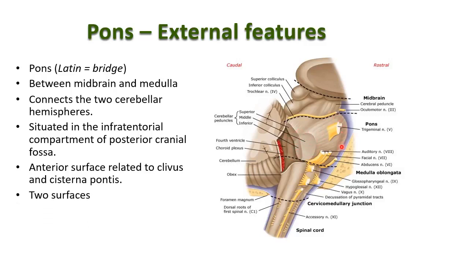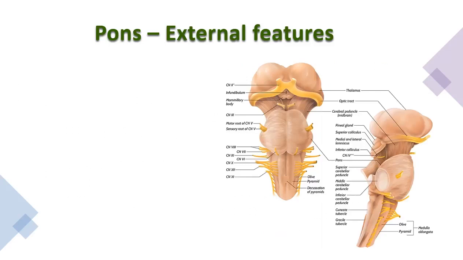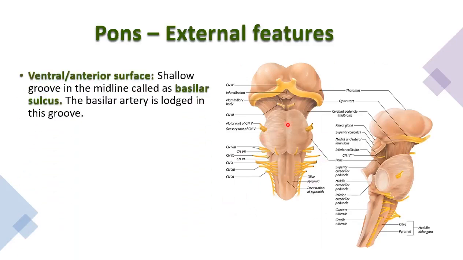It has a dorsal surface and a ventral surface, and a superior border and an inferior border. These dotted lines mark the superior and inferior limit of the pons. Now coming to the external features, on the ventral surface you see a shallow groove called the basilar groove.